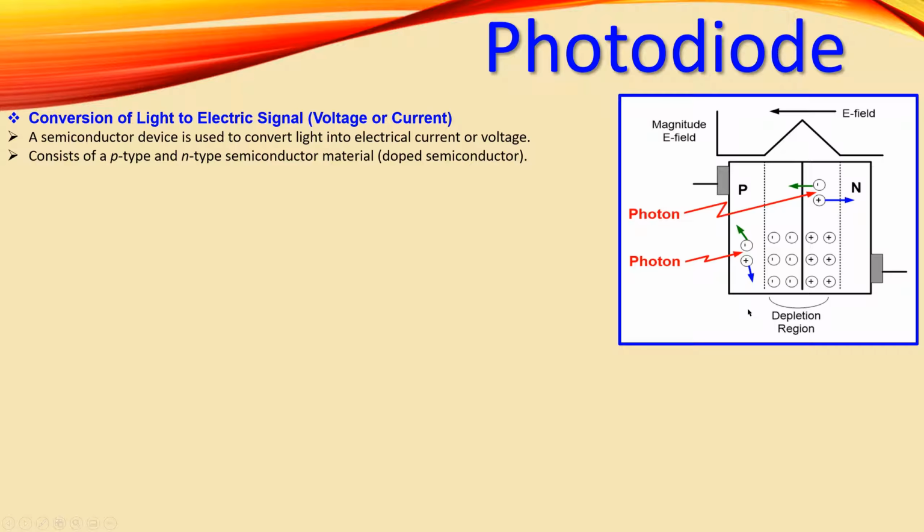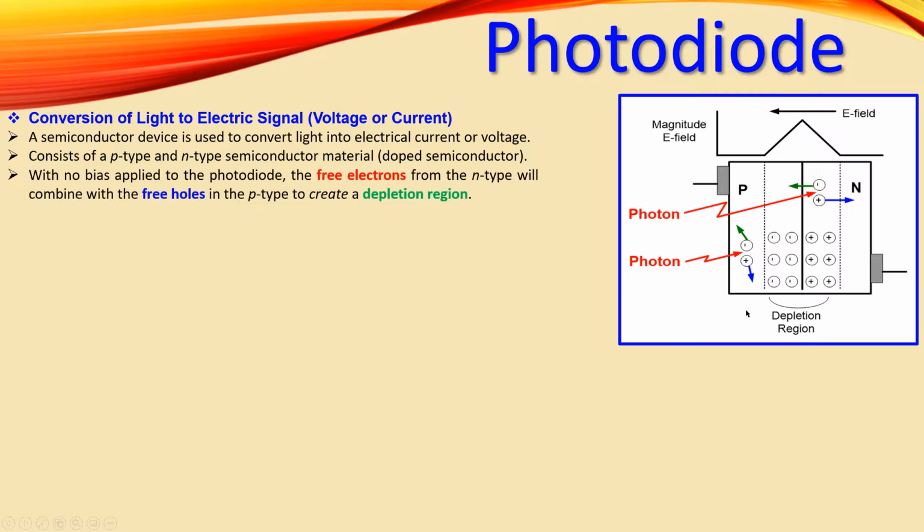The photodiode consists again of the P and N type material. It is a doped semiconductor. It is most of the time silicon, but it can also be a different semiconductor material. With no bias applied to the photodiode, the free electrons from the N type will combine with the free holes in the P type.